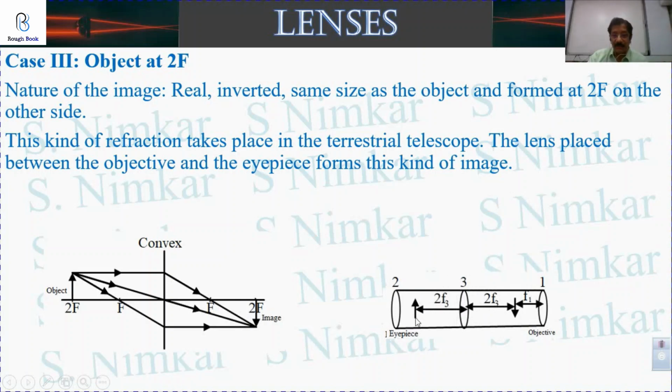And this image which is formed is adjusted within the focal length, and its magnified image is formed, which we are going to do in case number 6 later on. And therefore, since the image is magnified, the object appears closer.